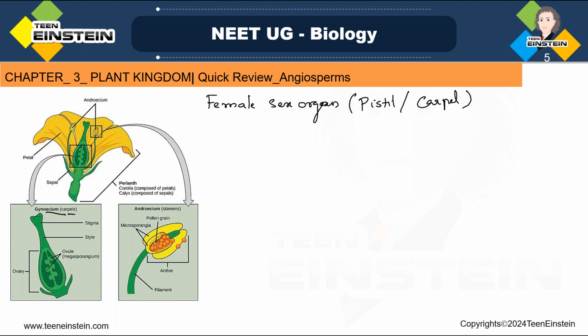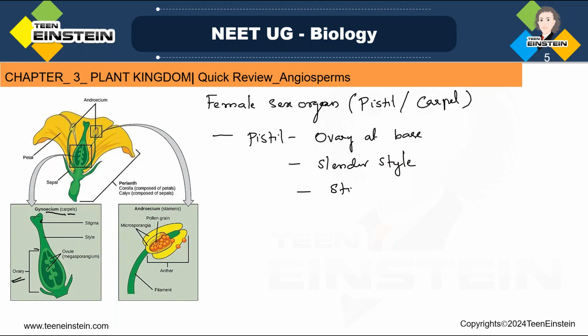The pistil consists of the ovary. Here you can see this is the ovary at the base. Then above that you can see one slender part, that is the style, a slender style, and at the tip you can see the stigma.